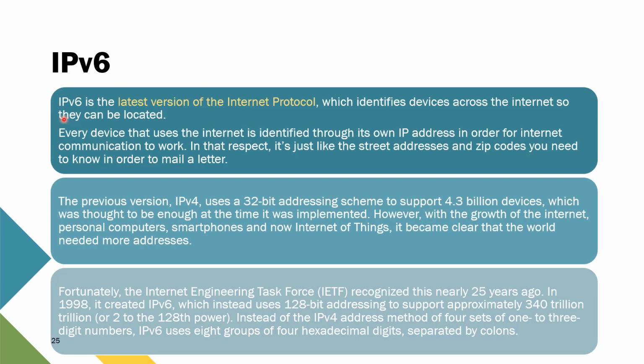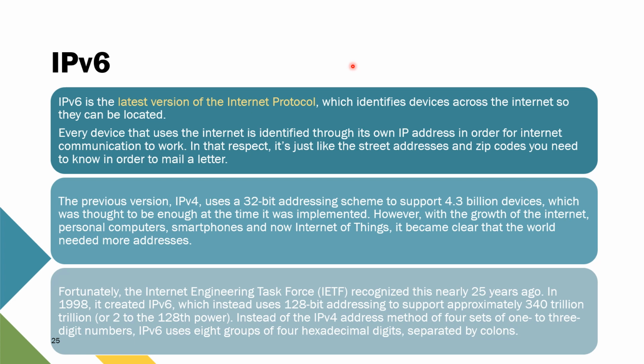Now, IPv6 is the latest version of the Internet Protocol, which identifies the device across the Internet so it can be located. So, as mentioned previously in the class, every device, every computer that is connected to the network will have its own specific address, right? So they need to have their own IP address so that they can be communicated with.